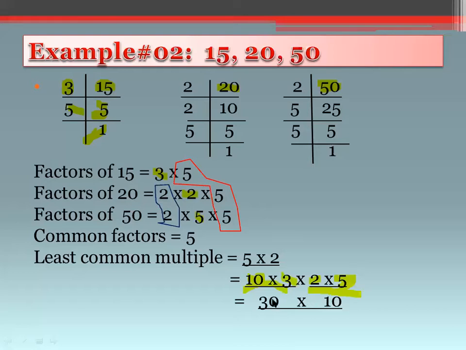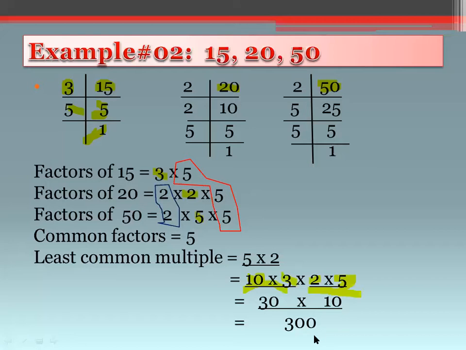Now at the end, you will multiply 30 by 10 and it will become 300. So my dear student, your least common multiple is 300.